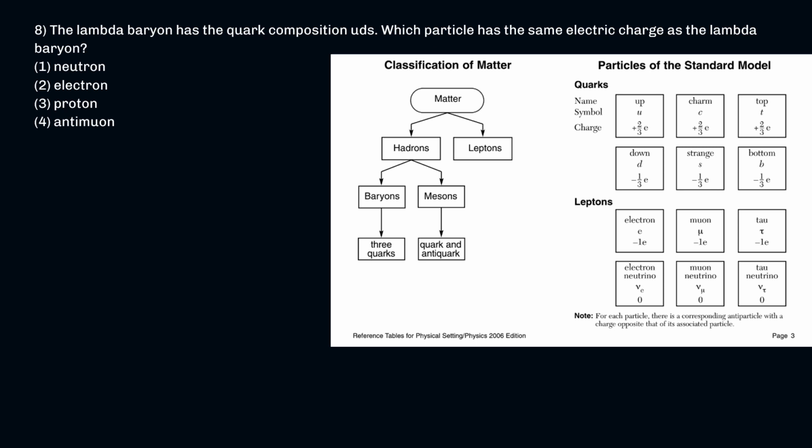Looking at the reference table, you have U, which means up. That charge is positive 2/3 E. Then we have D, which is down. That is directly below up, and that is negative 1/3 E.